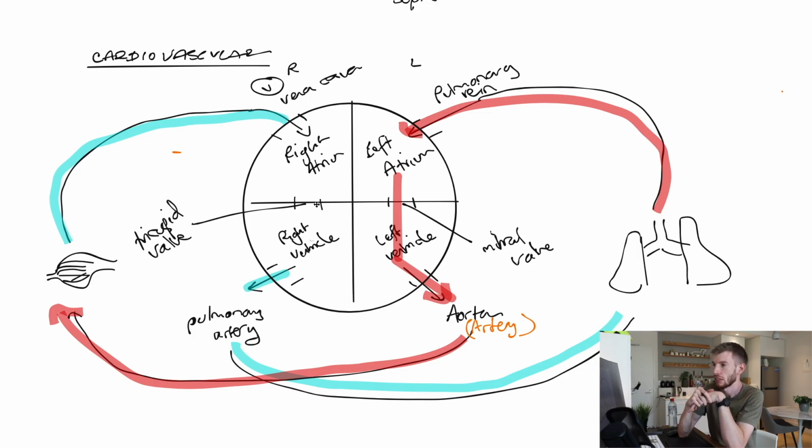So we'll start with what's happening when the blood is filling. When the blood is filling into the atria, it's generally under very low pressure and it's just kind of dropping in like this from the two veins draining in. And that would be when the atria are relaxing. They're in atrial diastole, right? So they're relaxing, allowing the blood to fill in.